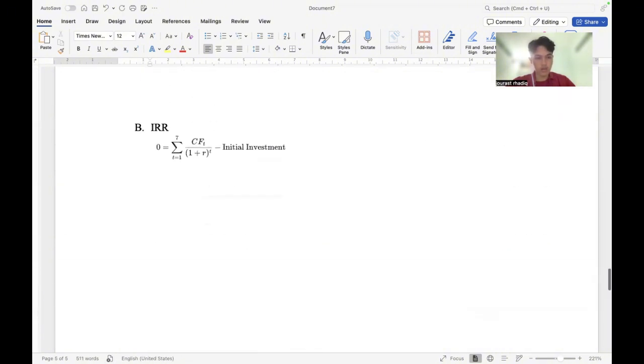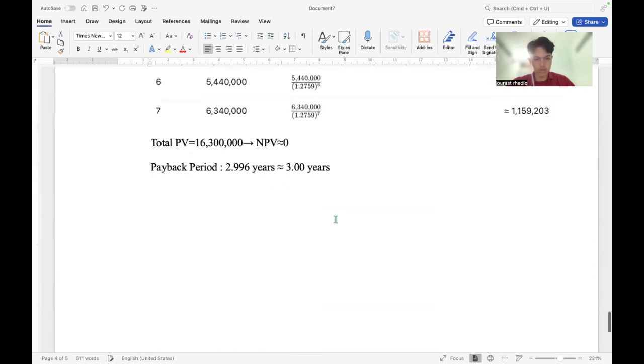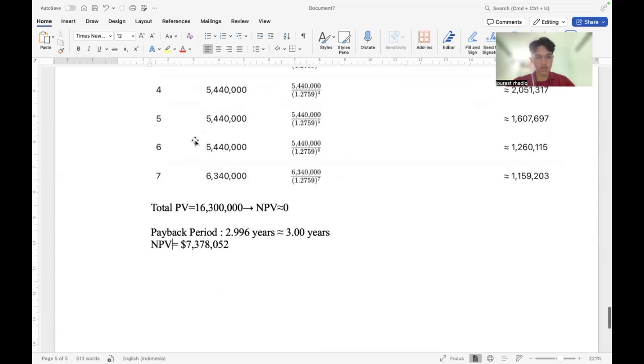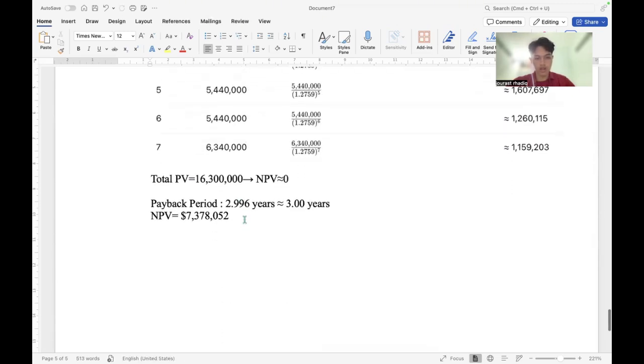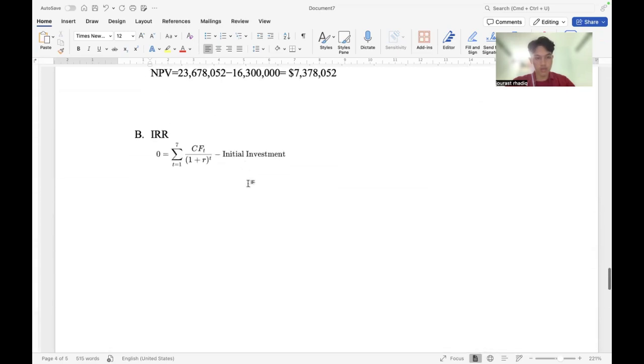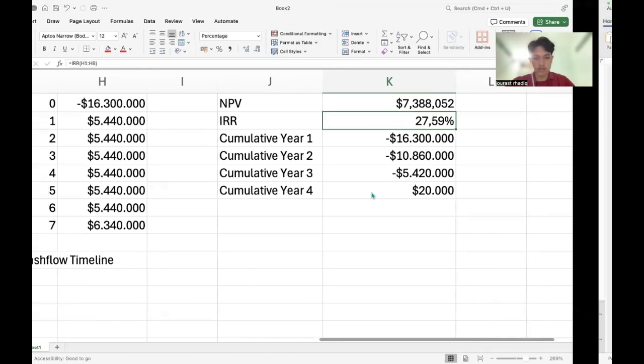Then for the NPV, this one. Okay, we just put the answer. There you go. And the IRR, internal rate of return, we got here 27.59%.